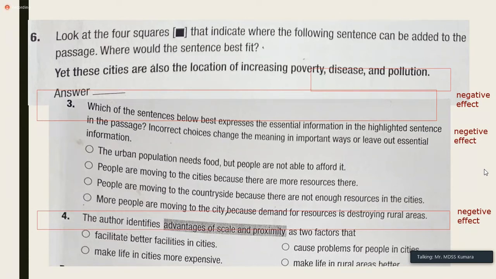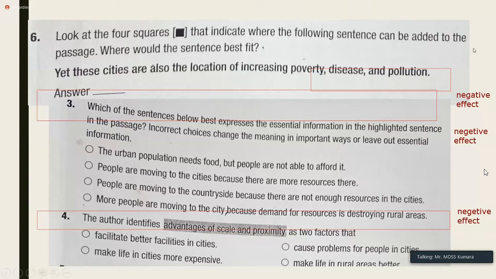So then we'll look at the given sentence. So this says, yet these cities are also the location of increasing poverty, disease, and pollution. So this is what we have to insert into the passage. So then what does this sentence tell about urbanization? Does it give something positive or something negative?